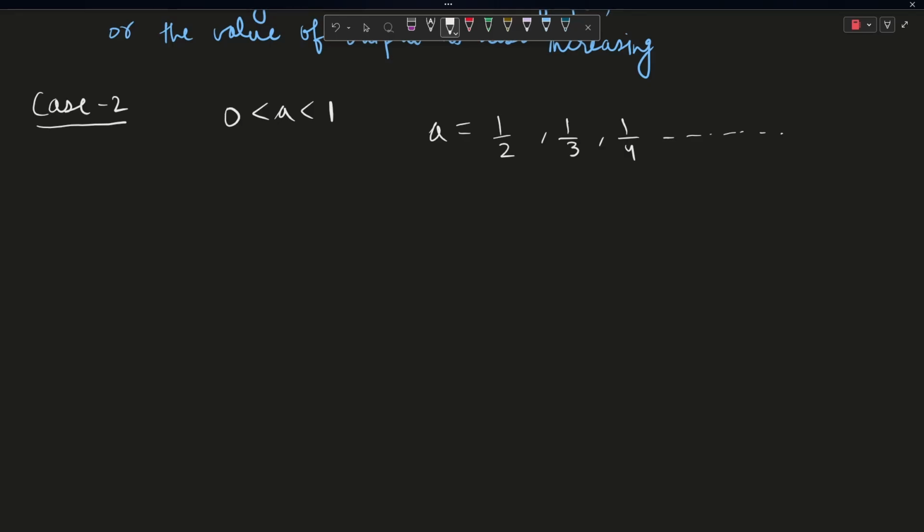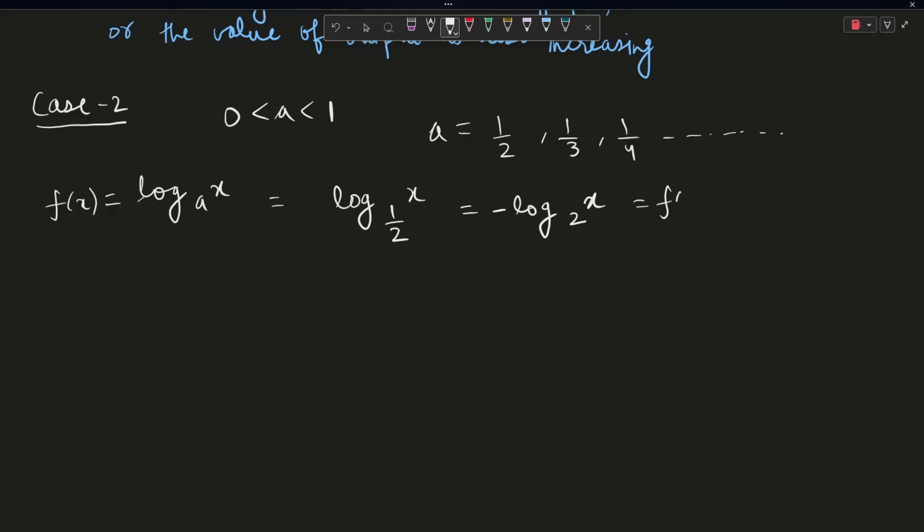So in that condition, what I can infer is that if f of x is equal to log x to the base a, then as a is something which is less than 1, let's say we are taking the example log x to the base 1 by 2, in that case it could be further simplified to minus of log x to the base 2.